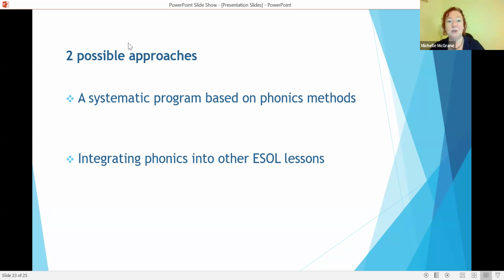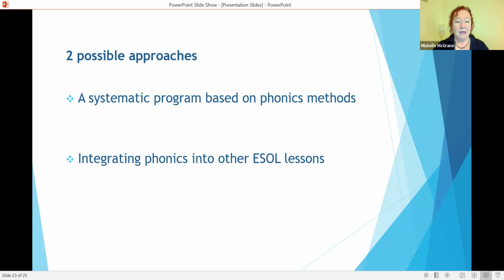The second approach is for people who either have some reading and writing skills, or for people who are in a class where simply the luxury is not available to devote the entire class to a phonics lesson. You're essentially wanting to teach some phonics, but you're also including lots of other elements of language.